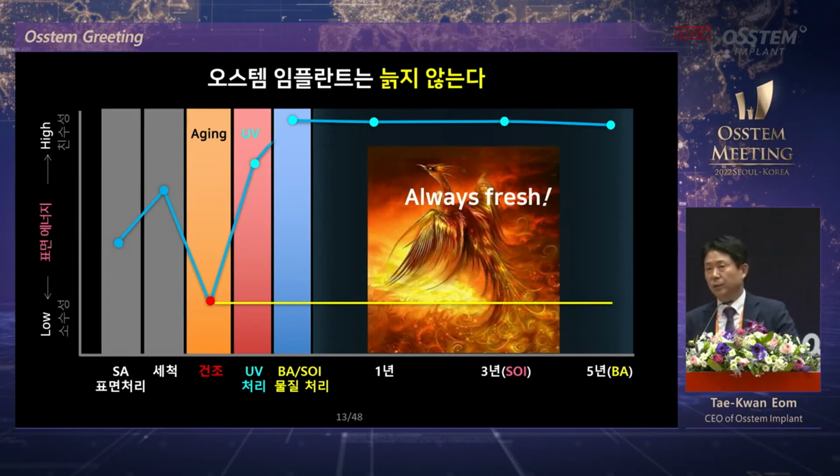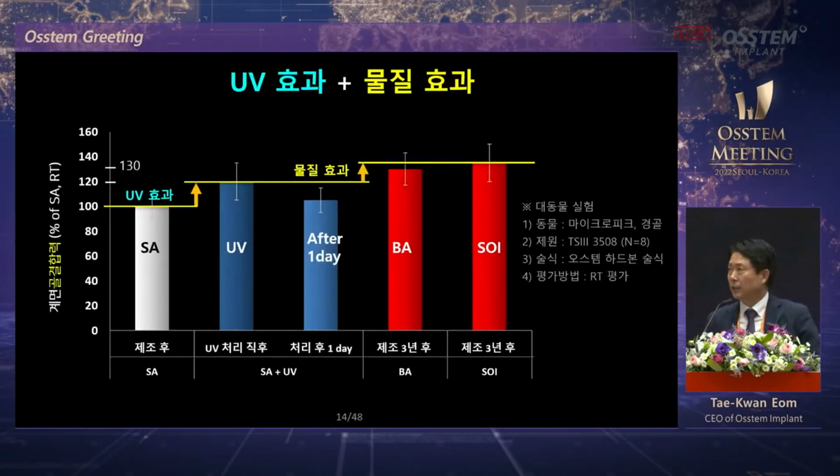Soy, 3 years. MPA, 5 years. And soy will turn into 5 years. At the left, assay treatment, followed by UV treatment, and so over a day, everything goes back to square one. So BA has 30% effect.